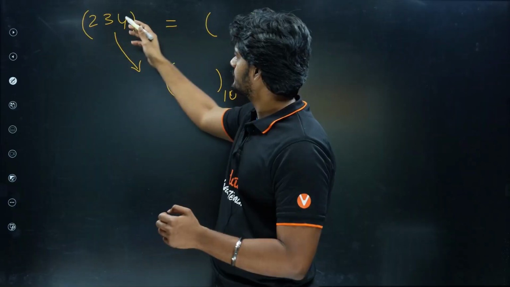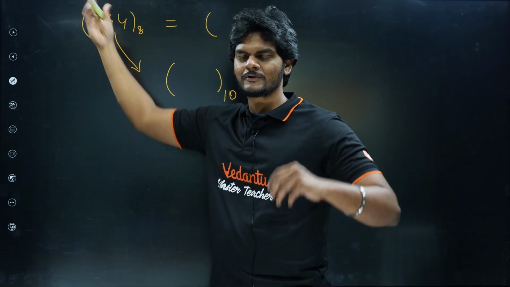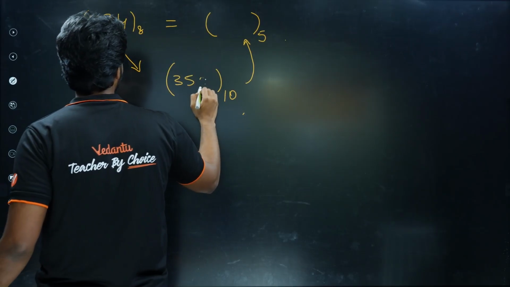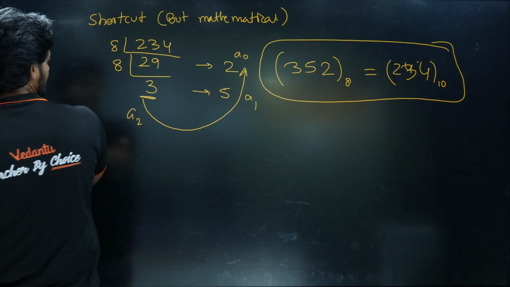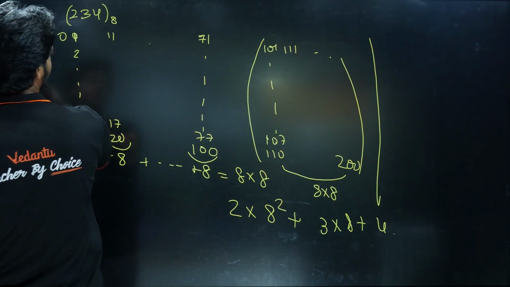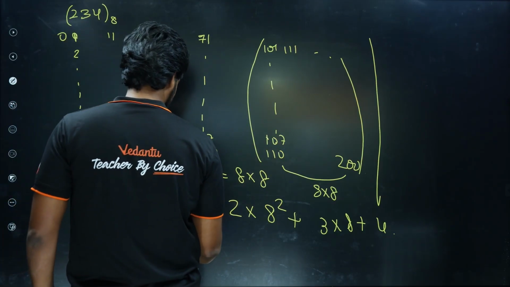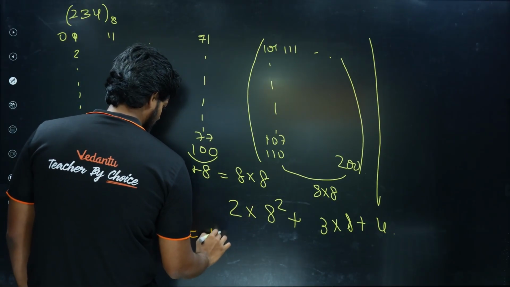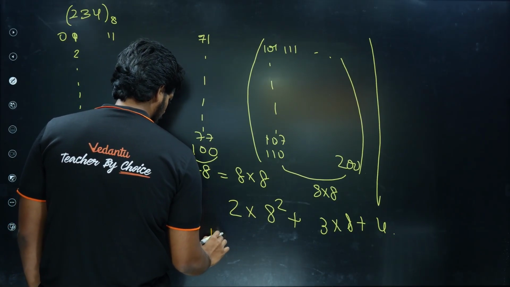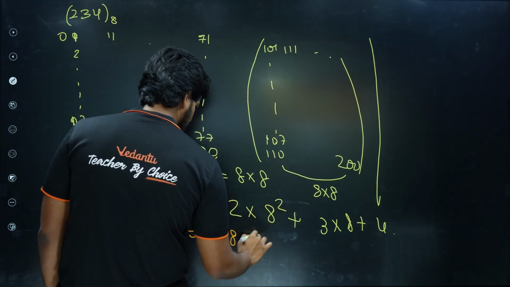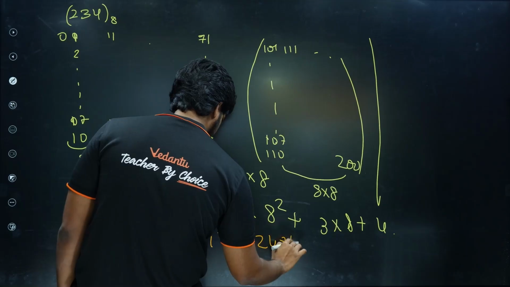So what is 352 base 8 in base 5? We have to convert it to base 10. So this is 2 into 8 square, 64 into 2, so 128, plus 24 plus 4.